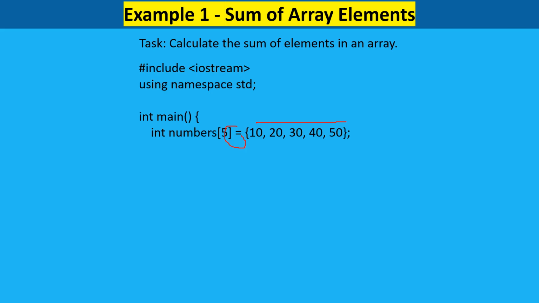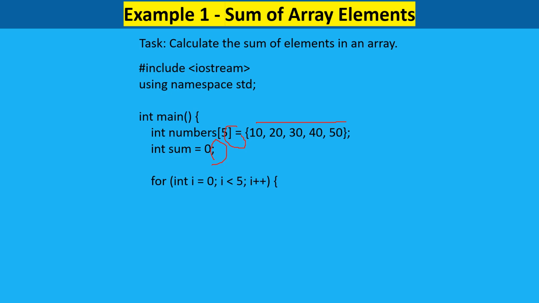Each element of the array can be accessed using an index starting from 0, as we discussed earlier. So int sum: this line declares an integer variable sum and initializes it to 0. This variable will be used to store the sum of the elements in the numbers array.